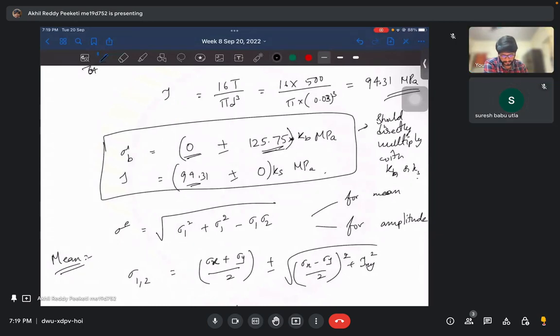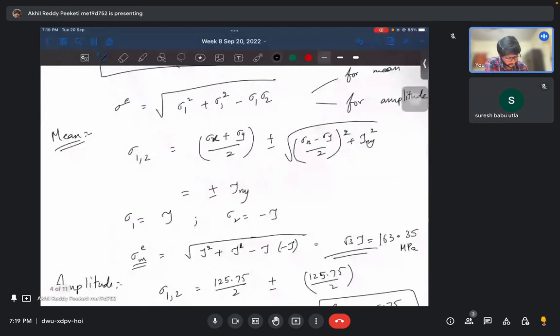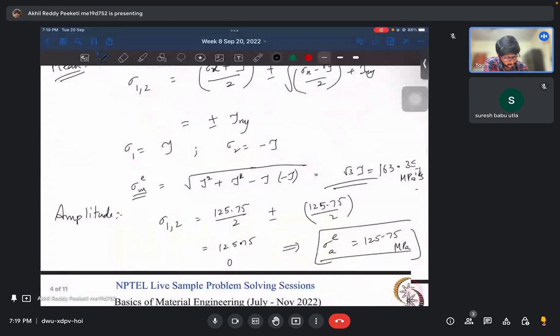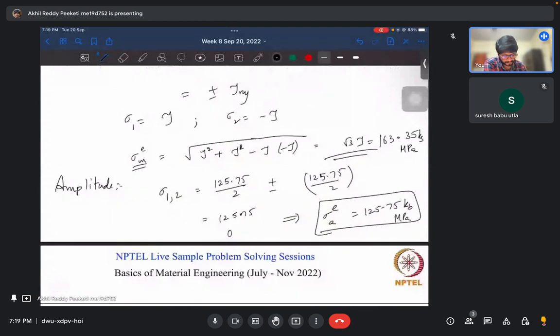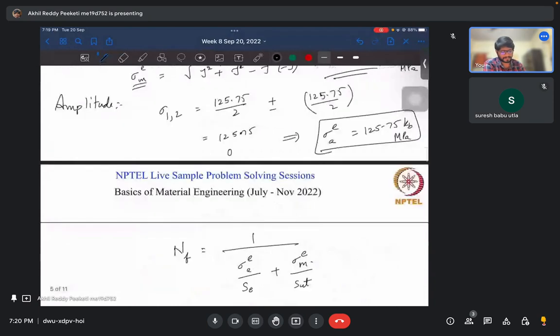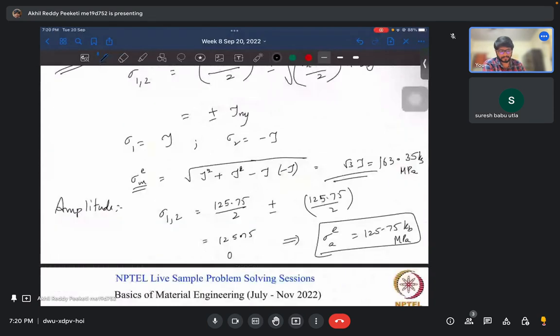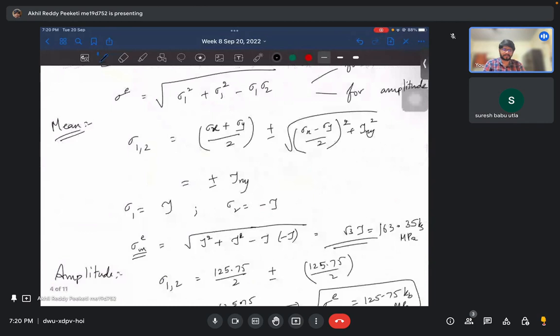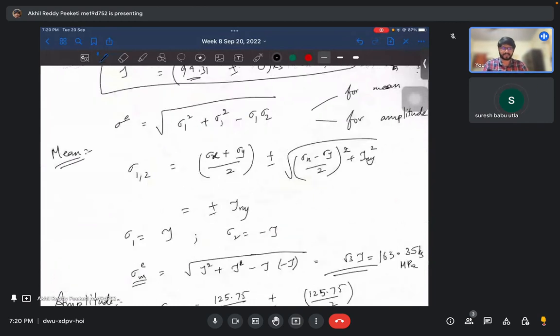If you are doing it for the mean, this would be root 3 tau into Ks, and this is bending, so this into Kf. That is what I did here while implementing. Because of the stress concentration factor, you have to increase the actual stress by some factor. That factor is Ks and Kf.